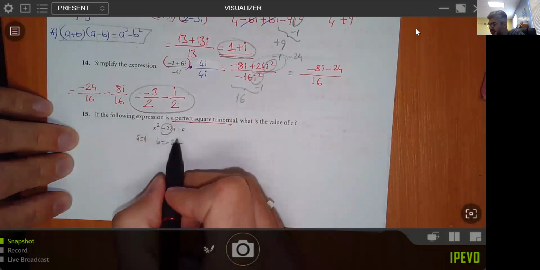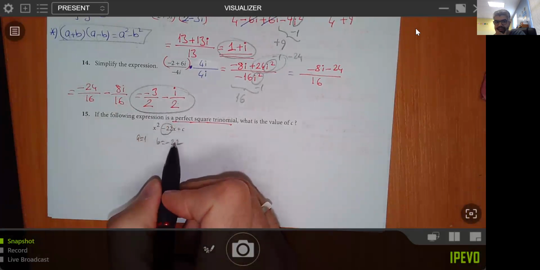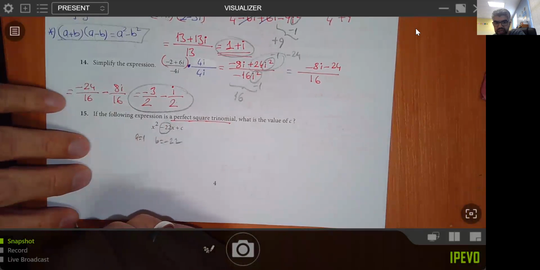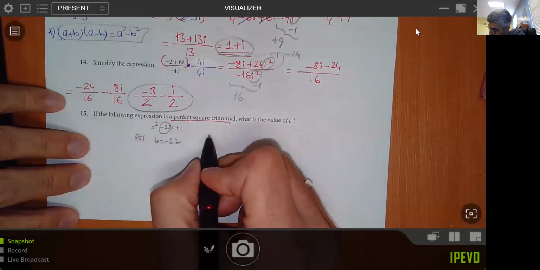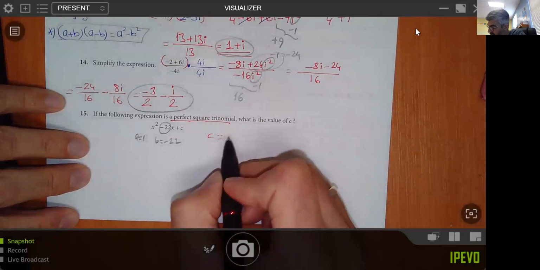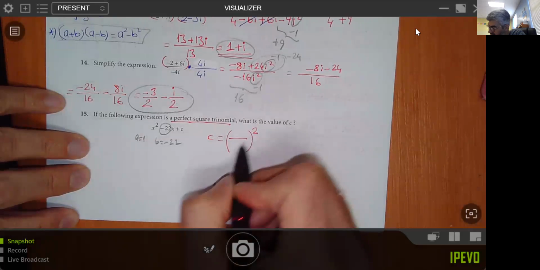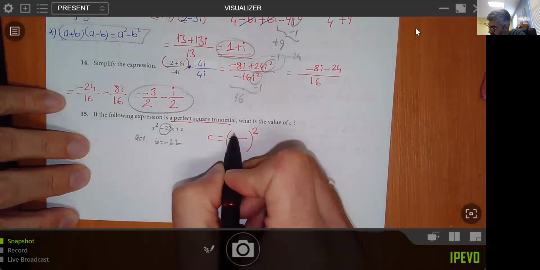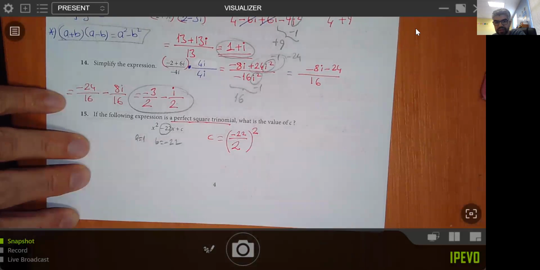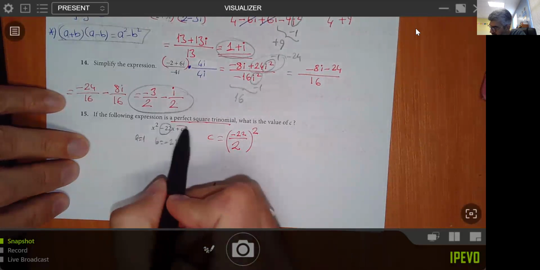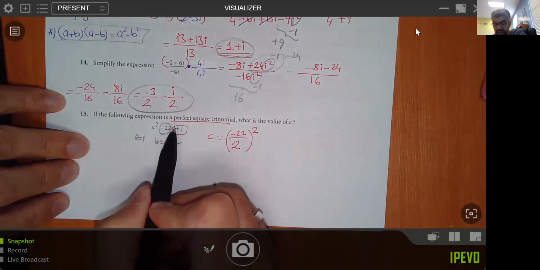So what number makes this x squared minus 22x a perfect square? It's always the square of half of b. Make sense? We always add it.